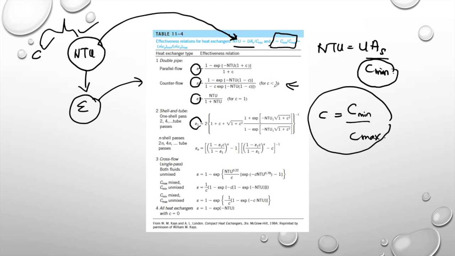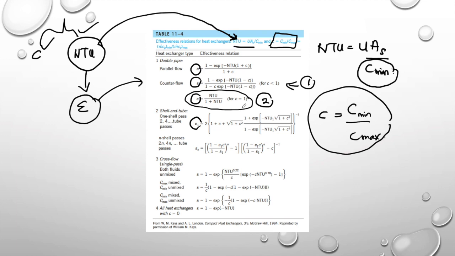Okay, for the C less than 1, you have to refer to this equation. For the C equal to 1, you will directly use this equation. Okay, for the C lower than 1, you will use equation 1, and for the C equal to 1, you will use number 2.